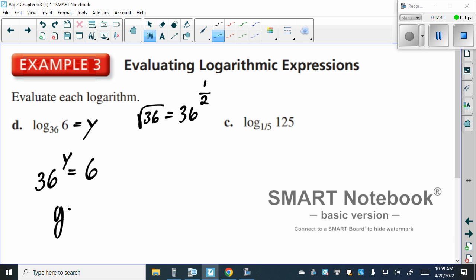Y is 1/2. So 36 to the 1/2, or the square root of 36, is 6. Questions on this here?